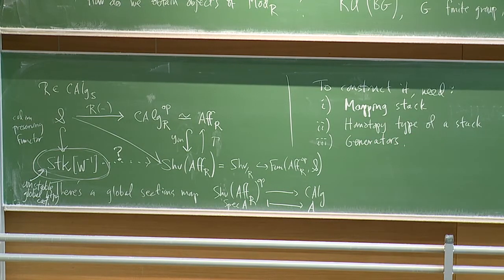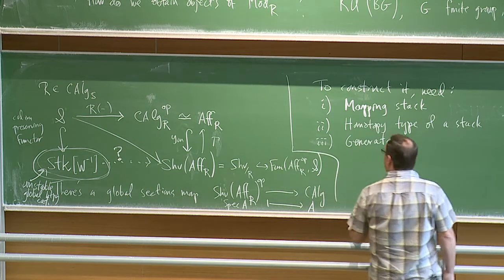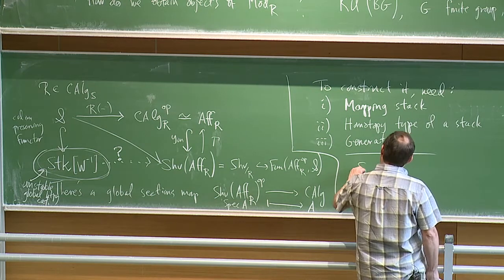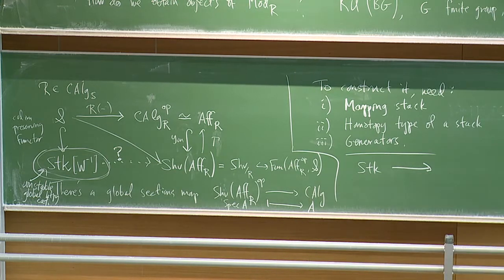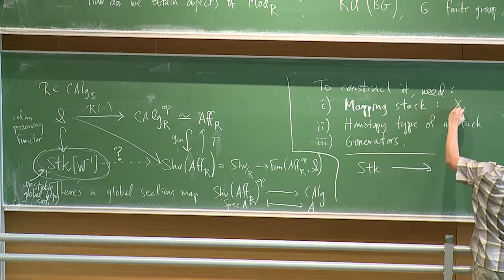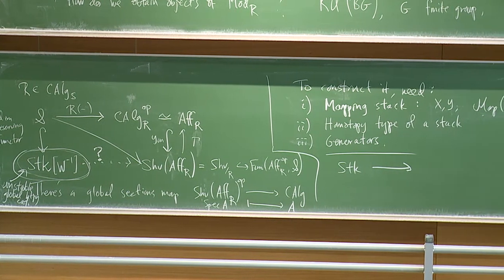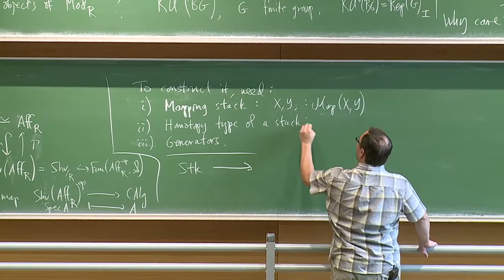And if I have this, then what I can do is define a functor from stacks into, well, maybe I should say what these are. If I have two stacks, x and y, I have just a stack of maps from x to y, given by the fact that this is a Cartesian closed category.